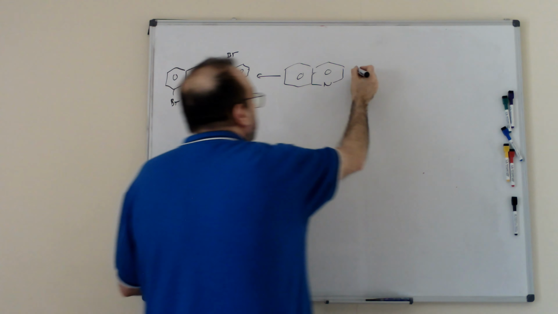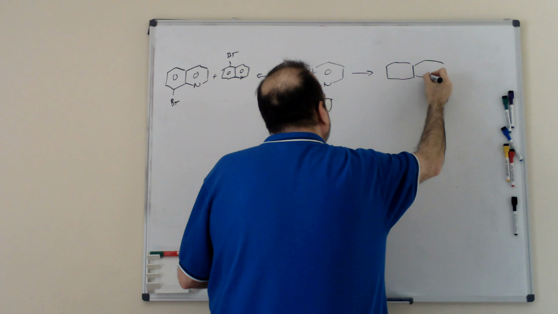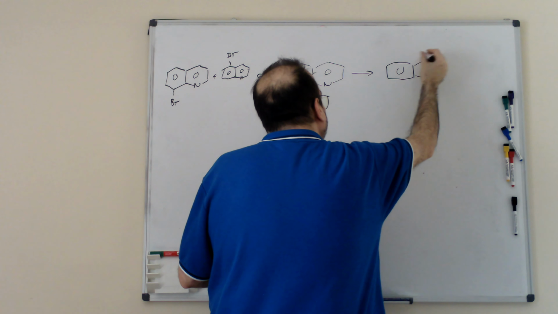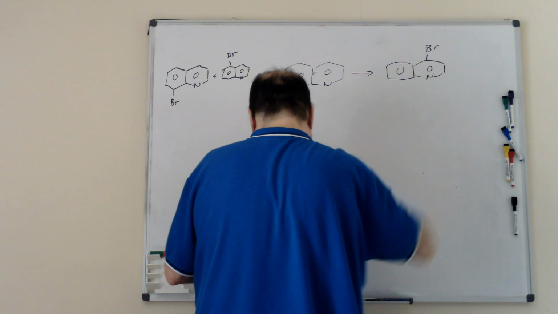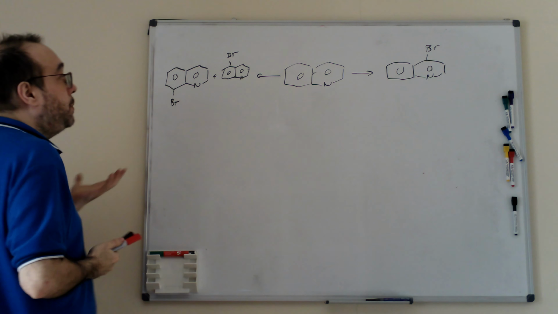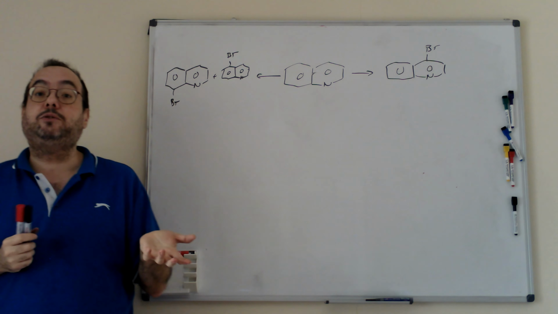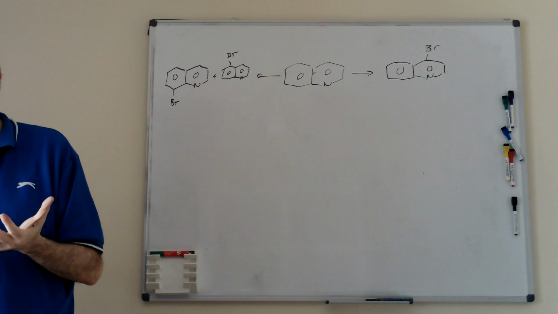Okay, or we want to do this reaction. Basically, in both reactions, what we are doing is adding a bromine to an aromatic ring. This has to be done by an electrophilic aromatic substitution.